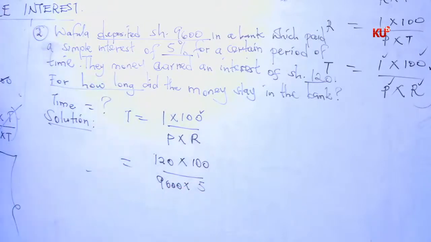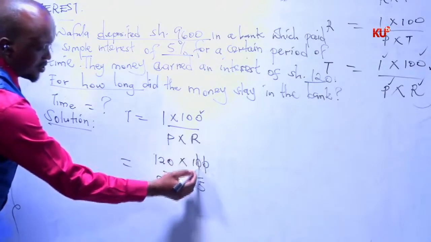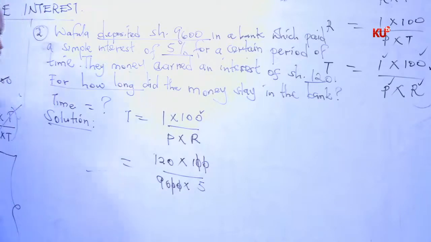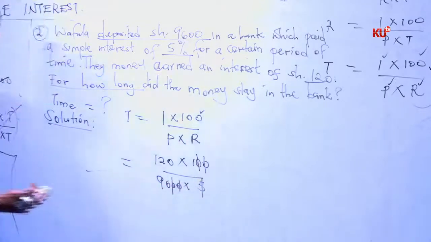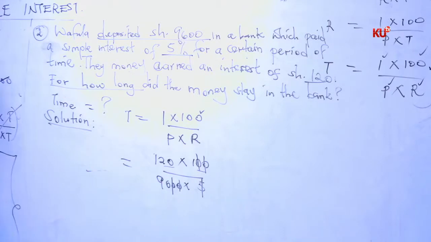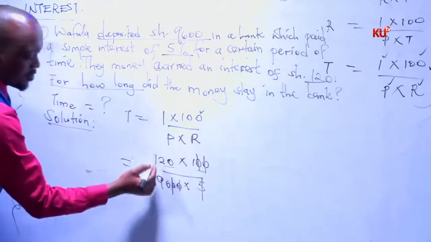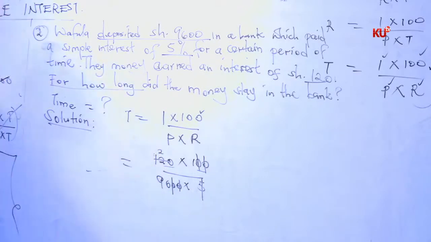So you simply simplify from this point. We shall have 0 cancelling with this 0. Then you can say that 5, always do the simplification. There is no need of multiplying 120 times 100 at class 7 level. So 5 goes into 12 2 times. Remainder 2.